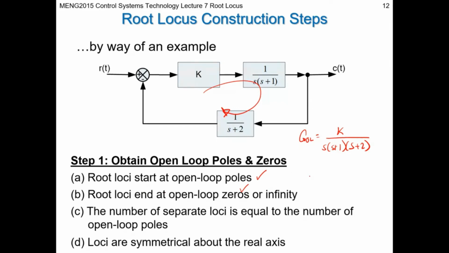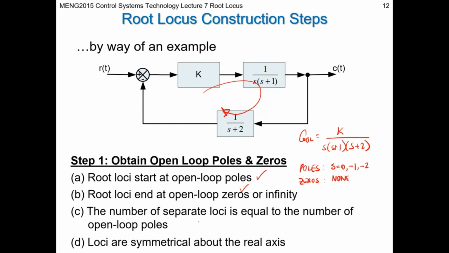So what are our poles and zeros? Well, this one's very easy. It's going to have poles at s equals 0, -1, and -2. And the zeros, none.